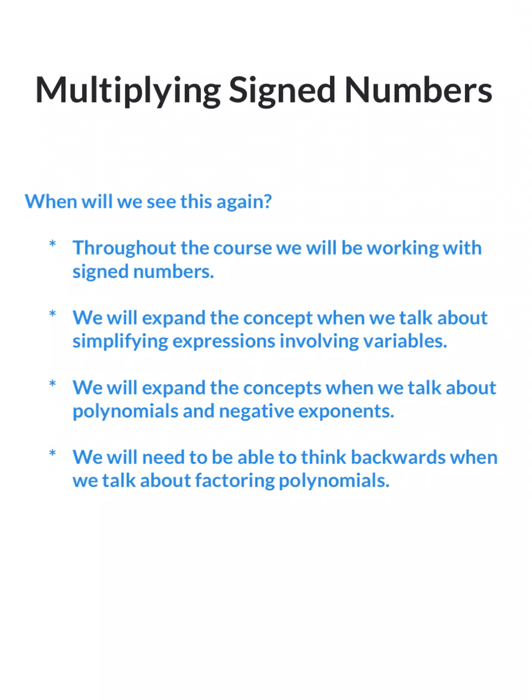We will also expand the concept when we talk about polynomials and negative exponents. Also, when we get to factoring polynomials, we will need to be able to think backwards. For instance, what do you need in order to multiply to a negative number? Or what do you need in order to multiply to a positive number?